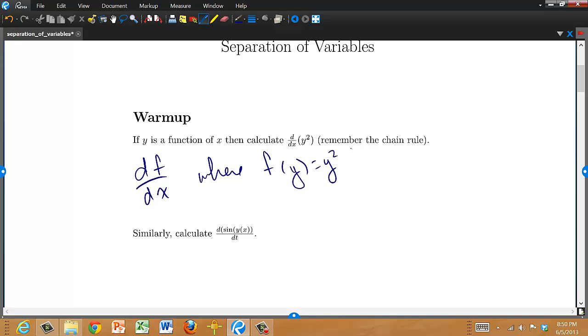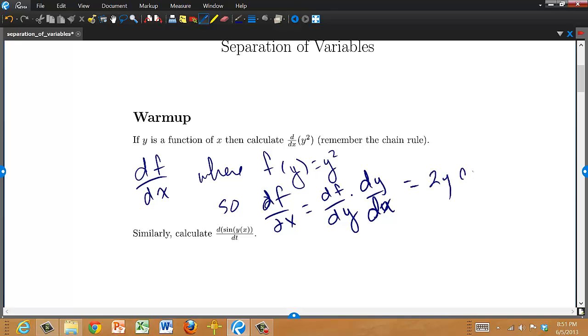And now y is a function of x, so the derivative of f with respect to x is going to be the derivative of f with respect to y times the derivative of y with respect to x. And so the derivative of f with respect to y is going to be 2y and then dy dx. And that's as far as I can go if I don't know what y is.